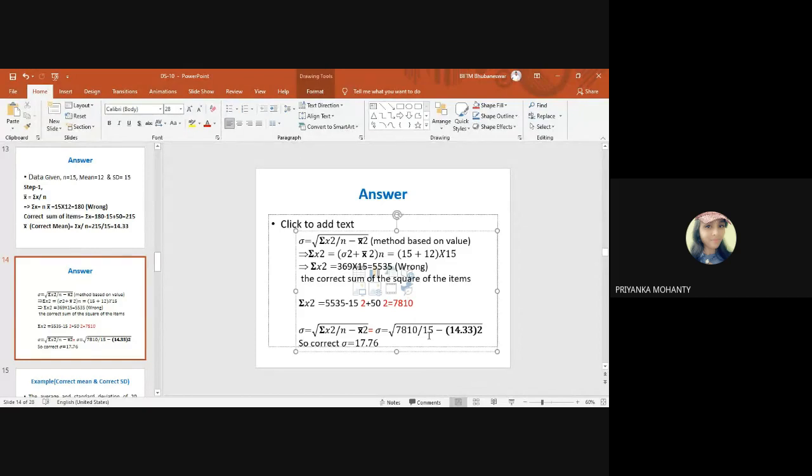When 7810 is divided by 15, it equals 520.6. 520.6 minus the 14.33 square. 5.3, 205, 315, 315.3, 17.7.